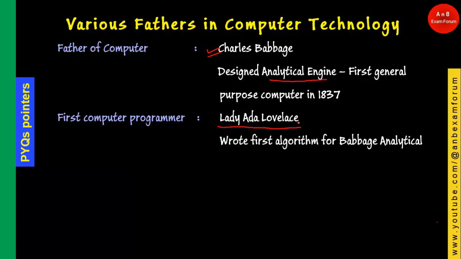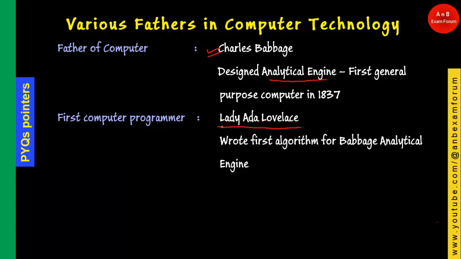She wrote the first algorithm for Babbage's analytical engine. Okay, so a programmer is a person who writes the code. So Lady Ada Lovelace is regarded as the first computer programmer because she wrote the first algorithm for this particular computer. Okay, so that's why she is the first computer programmer.